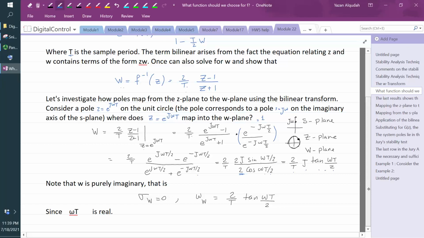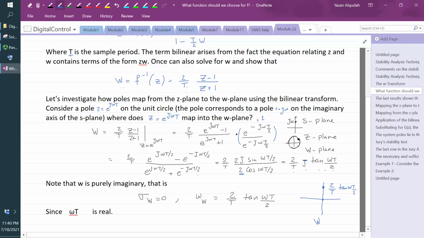What does that mean? I took a pole that is on the unit circle, and this got mapped to 2 over t multiplied by tangent of omega t over 2, and I have this j added here. And therefore the location in the w plane is going to have a real value of 0, and is going to have an imaginary value that is 2 over t tangent omega t over 2.